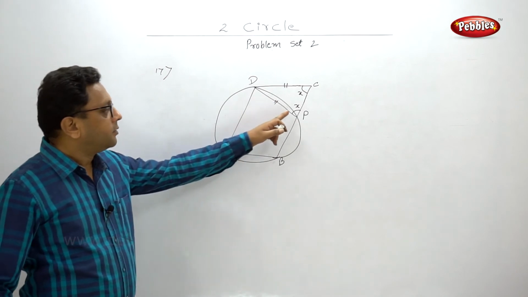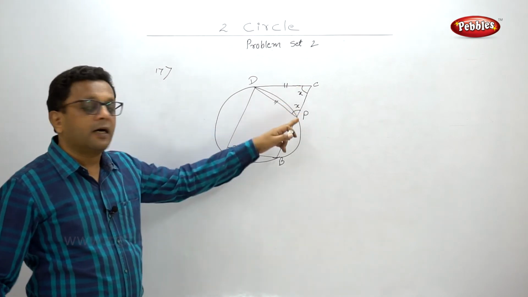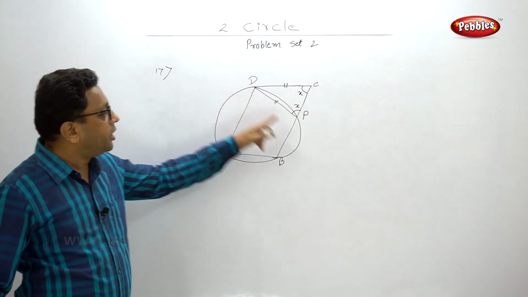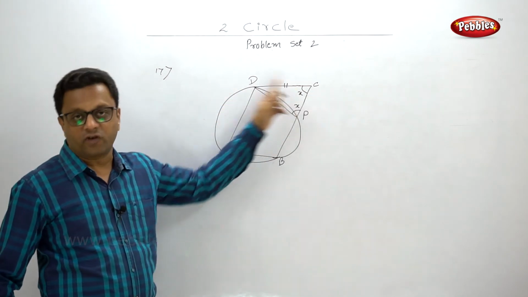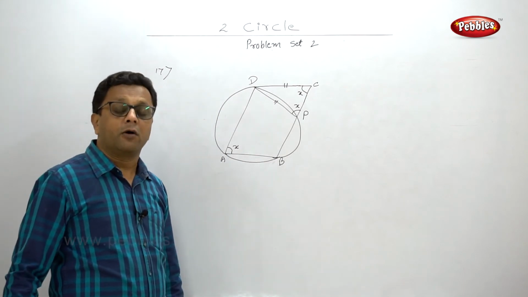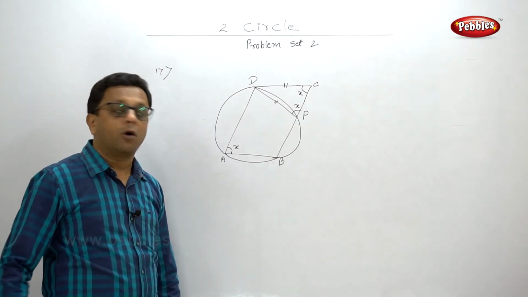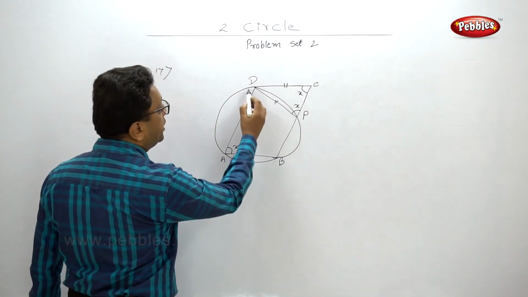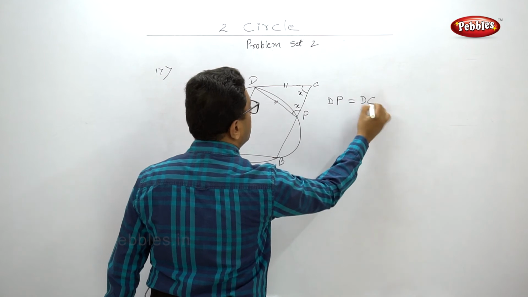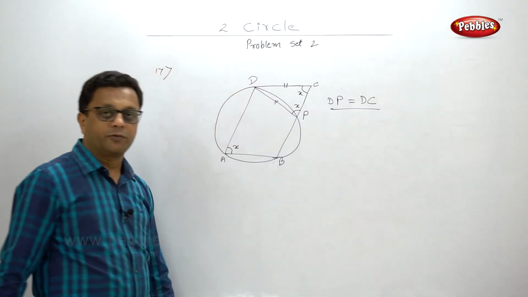When these base angles are congruent, DPC becomes an isosceles triangle and the sides opposite the congruent angles are congruent, and hence DP is equal to DC. This is what we proved.